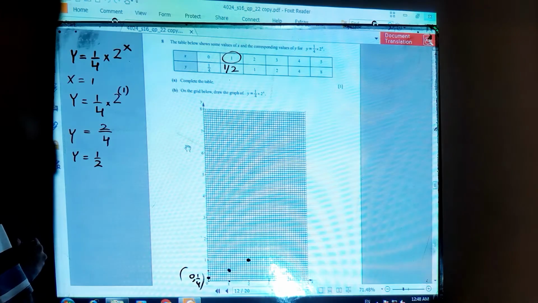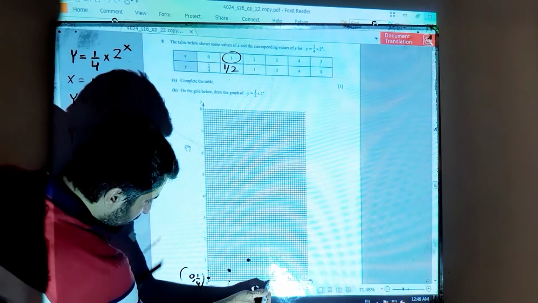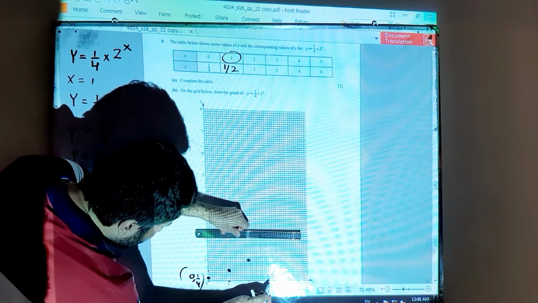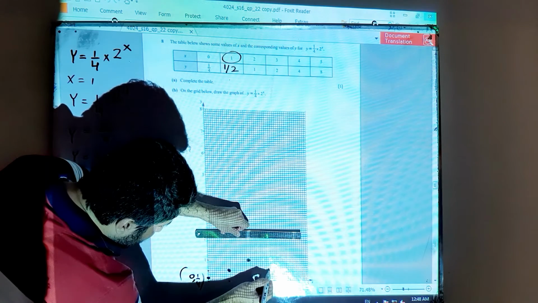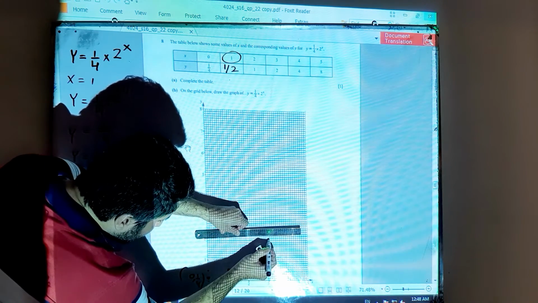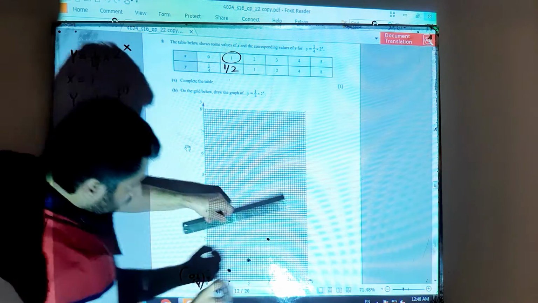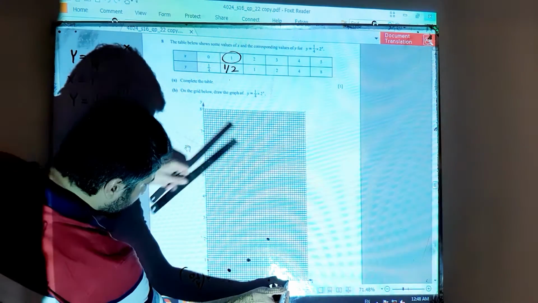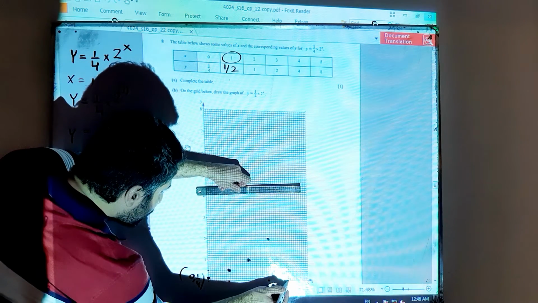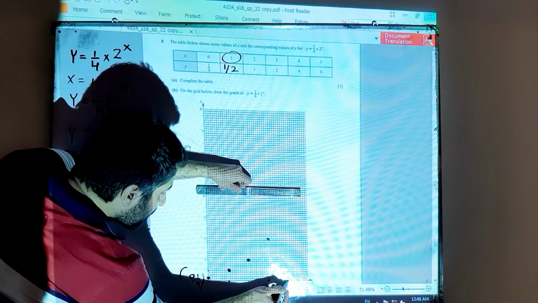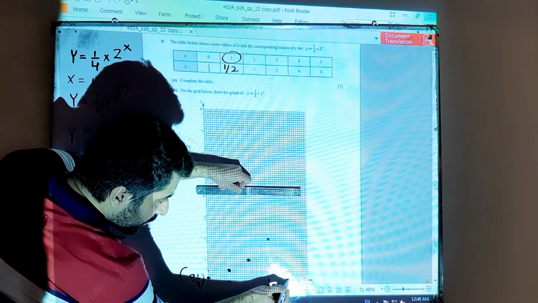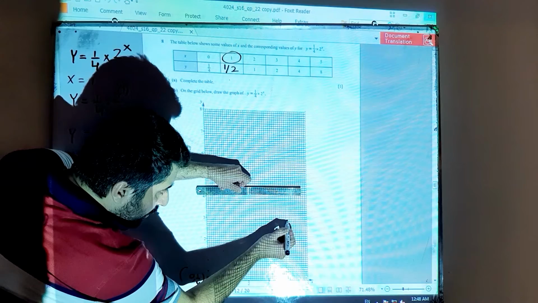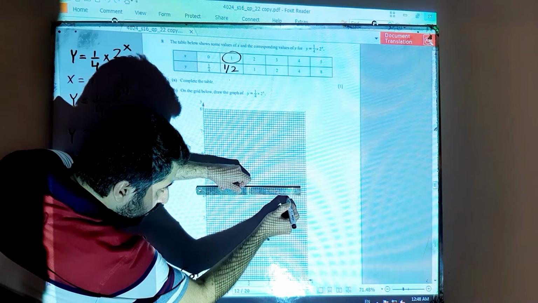Then when x is 3, y is 2. This one. When x is 4, y is 4, over here.